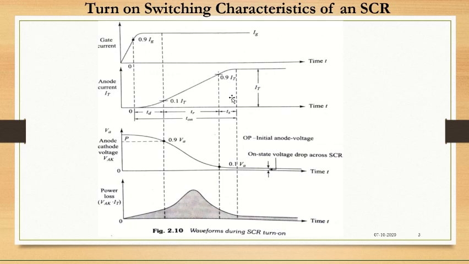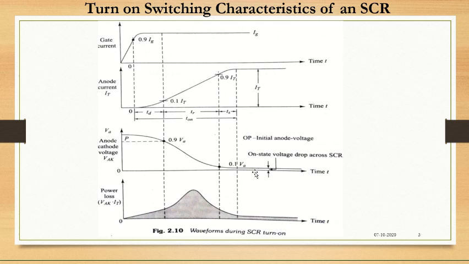And in terms of anode current, the anode current increases from its 90% value to its maximum final value, the final maximum anode current. During this time, we call it the spread time.